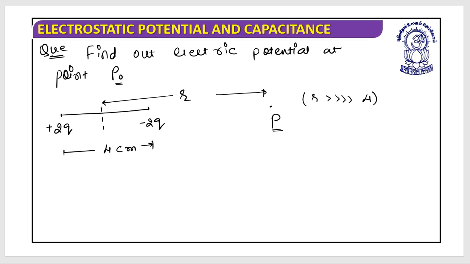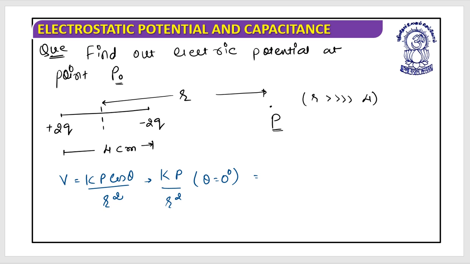Is it an axial point or equatorial position? Yes, it is an axial position. So if I write axial position, what I can have is k p cos θ divided by r², and in the axial position it is k multiplied by p divided by r², because θ would be equal to 0 degrees.